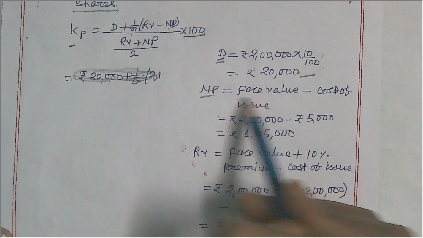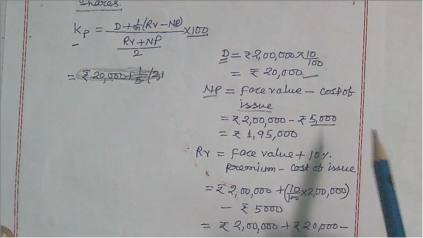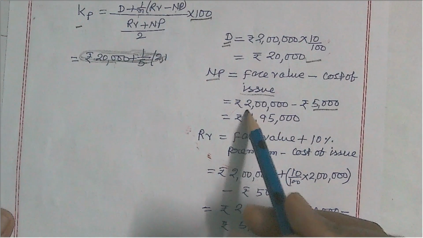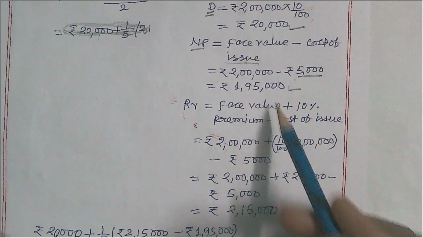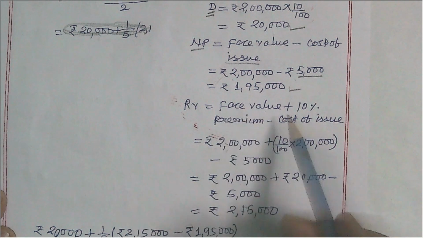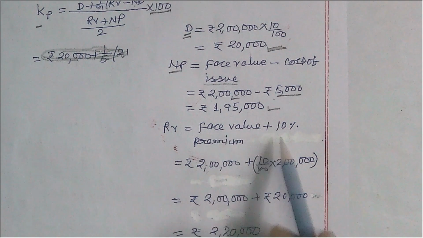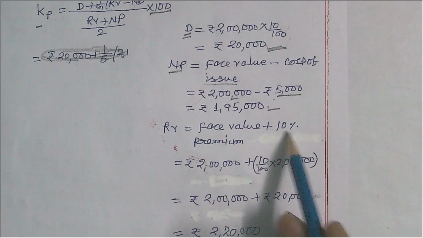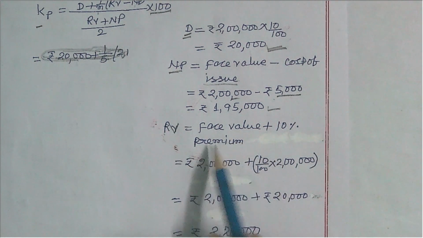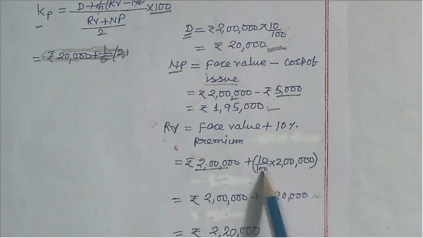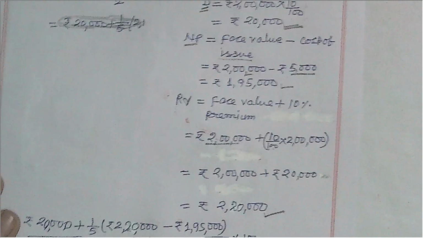The net proceeds is the face value minus cost of issue: 2 lakh minus 5,000, which is 1 lakh 95,000. The redeemable value is the maturity value, face value plus 10% premium: 2 lakh plus 10% of 2 lakh, 20,000, so 2 lakh 20,000.